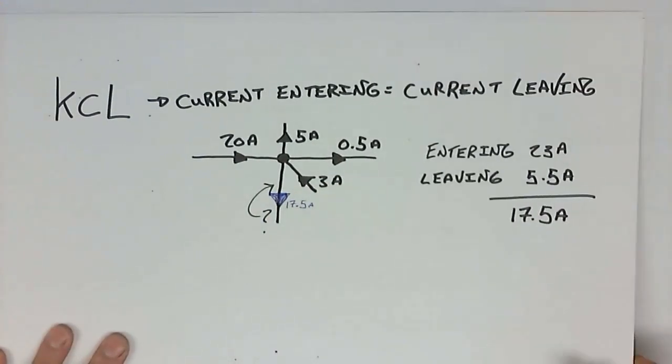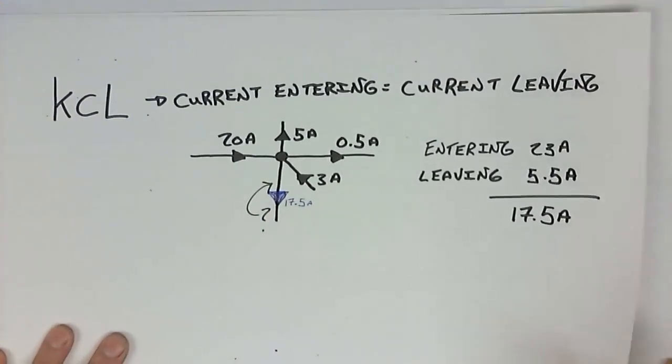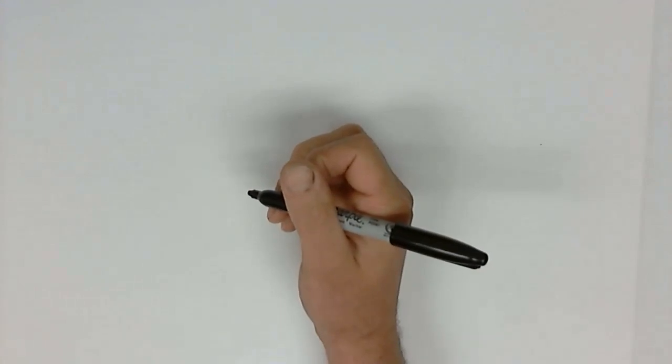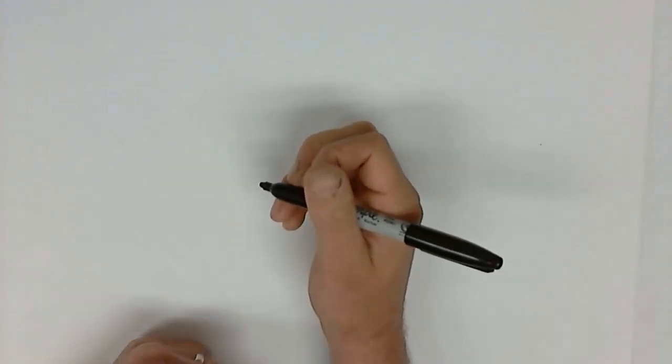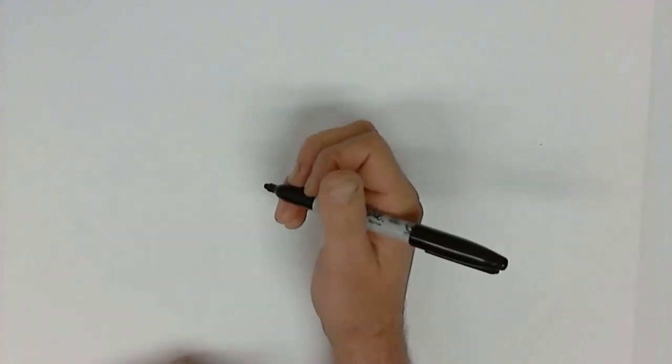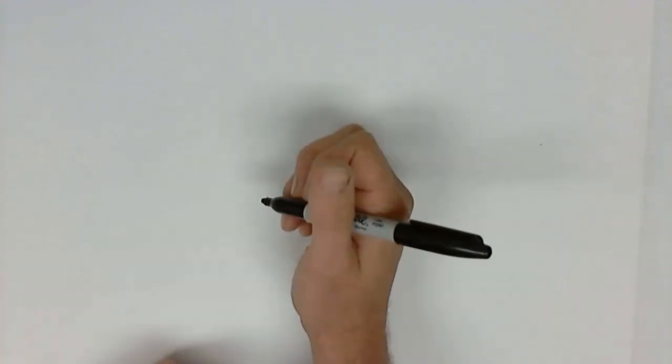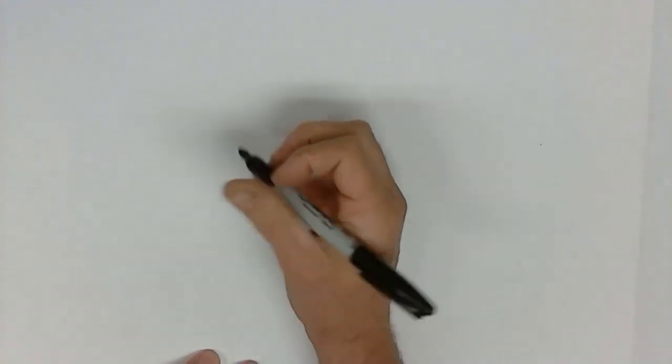Now, what about Kirchhoff's voltage law? Kirchhoff's voltage law takes into account our understanding that in a circuit, the voltage values, we should be able to get the sum of them based on where their position is in a circuit.